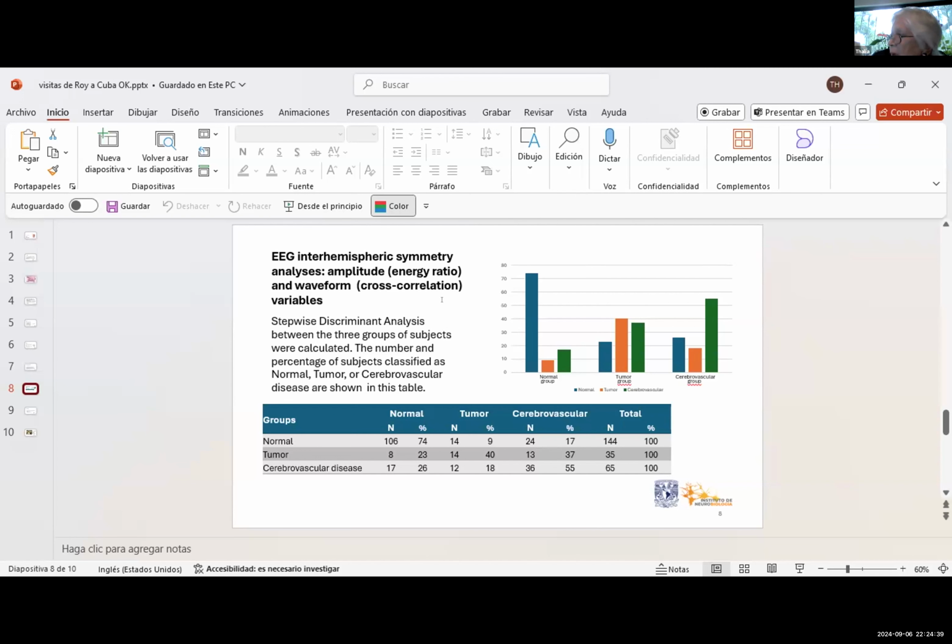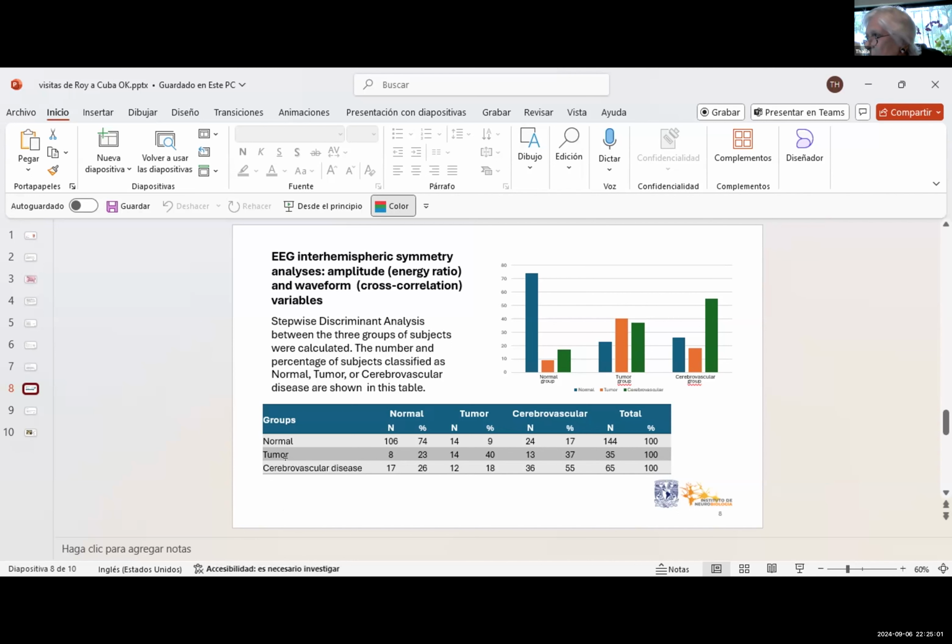So we can obtain a precise definition of which group one subject should be allocated to. We proceeded with this analysis for these subjects, and we have the following.